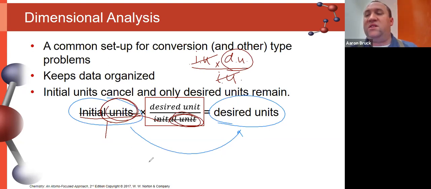So you can set up these kinds of conversions over a number of different scenarios, and they will always work toward the overall goal of keeping it organized, keeping your data nice and orderly and straight, and probably most importantly, allowing you to do the conversions and have nothing left behind when you do.